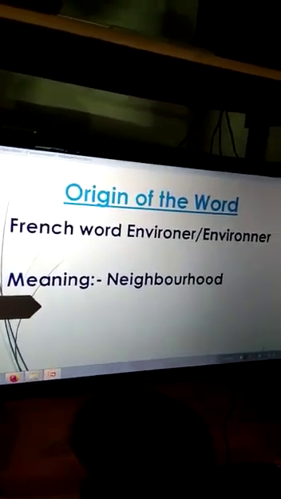So what is the concept of the environment? I told you before, that is our surrounding, which matches the original meaning of the word environment, neighborhood.